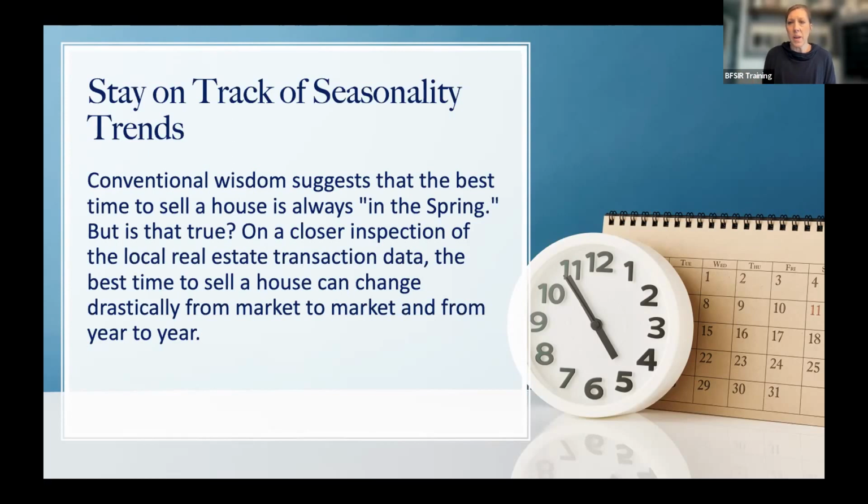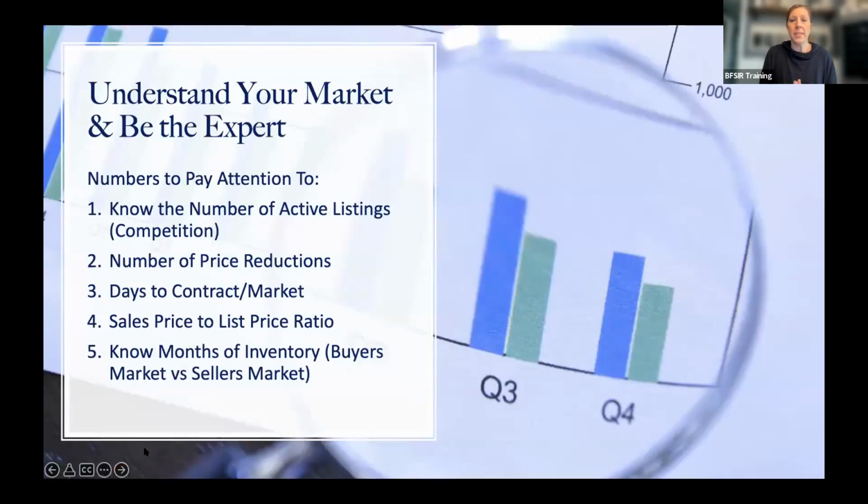So watch the seasonality trends so that you can help your clients know when to put their home on the market. Sometimes it may be best to wait a month or two, depending on the seasonality, or sometimes it doesn't make sense to wait. So we need to be the experts and know how to advise our clients of when to price the home.